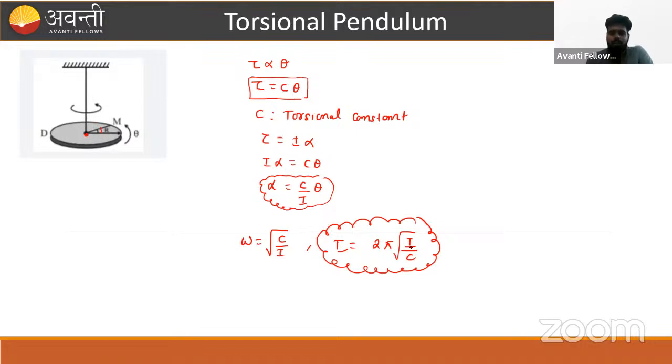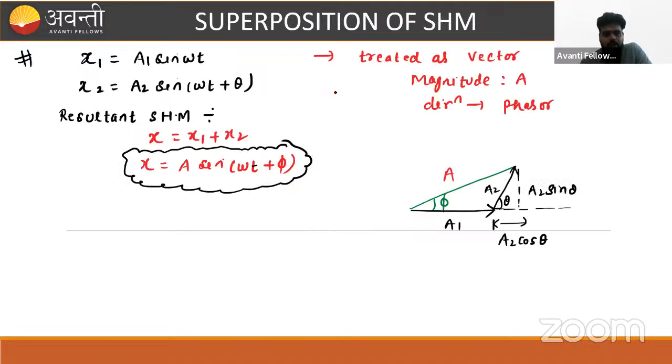So in order to score good in any type of exam, we have to practice, and we have to keep all the concepts in our mind. The next concept is the superposition of SHM. What will happen if two SHM are applied on a given particle? Suppose a particle is performing SHM and one force is applied in the rightward direction, and one force is again applied in the rightward direction.